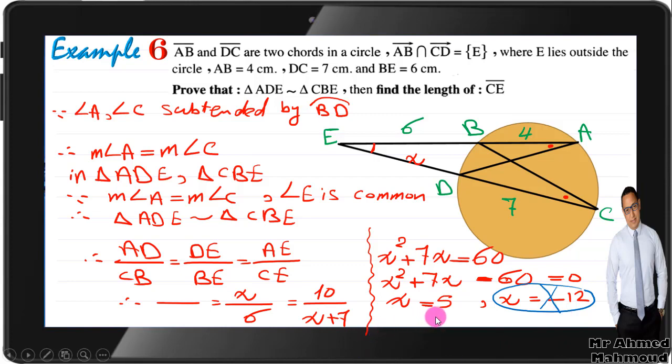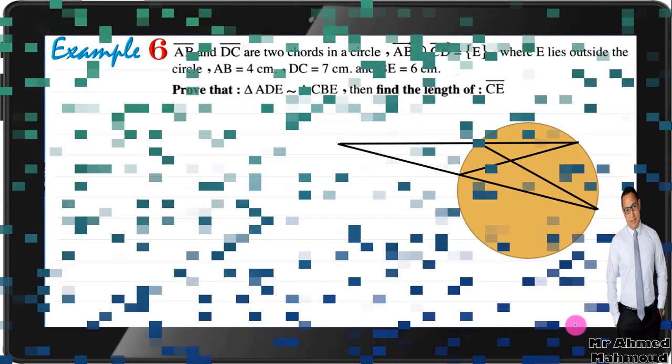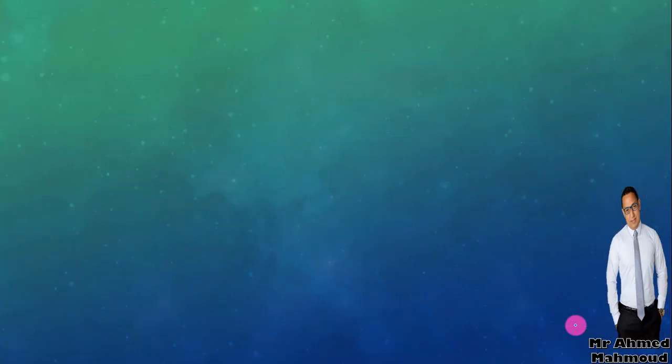So X equals 5, therefore CE equals 5 plus 7 equals 12 centimeters. The next question.